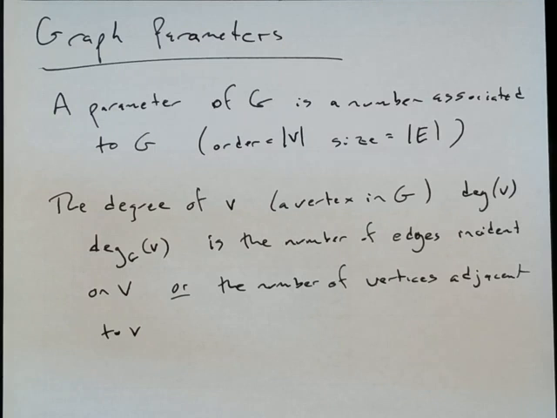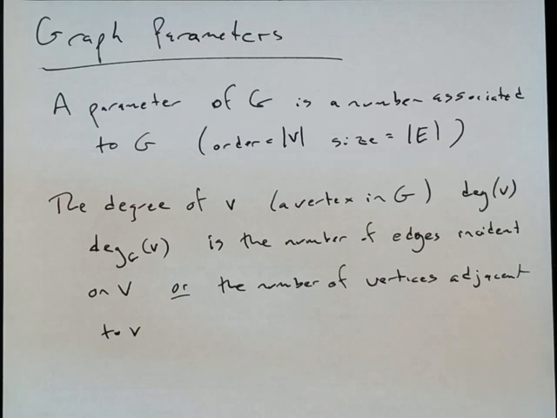Aha! So I could have one neighbor vertex, but it could have multiple edges that connect it. And that would change the number of edges, which would be different than the number of vertices that are adjacent. So if I'm in a simple graph, these two definitions are equivalent. If I'm in a multigraph, it doesn't cut it. We're going to work with edges rather than vertices.